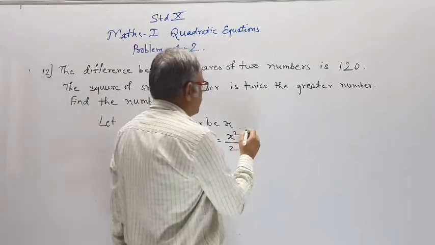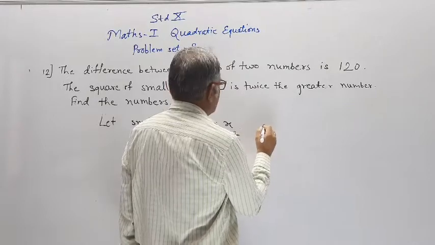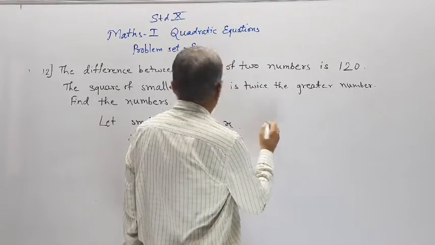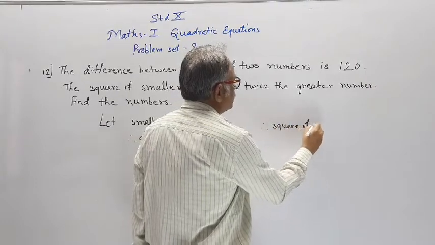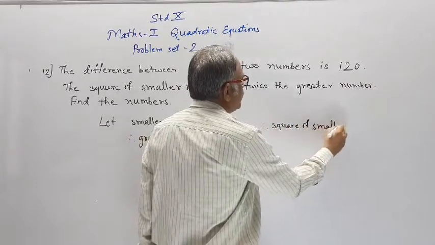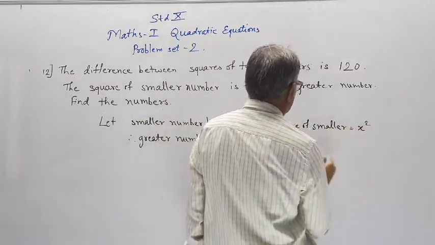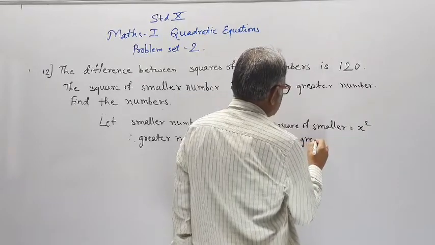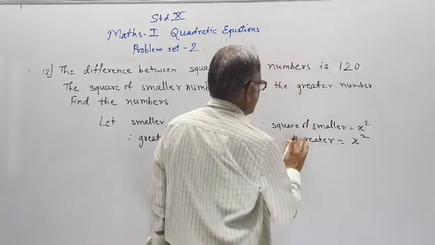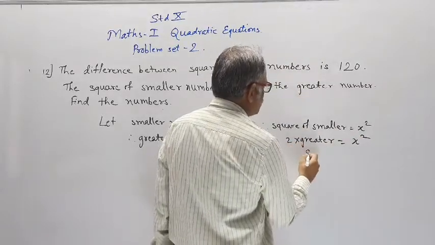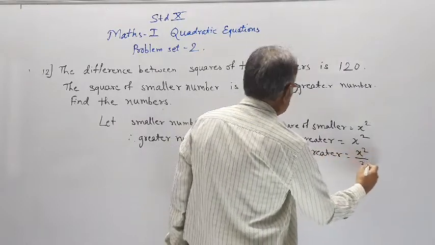If you want, I will write the reason here. Therefore, the square of smaller equals x square, twice greater is x square, 2 into greater is x square, so greater is x square upon 2.